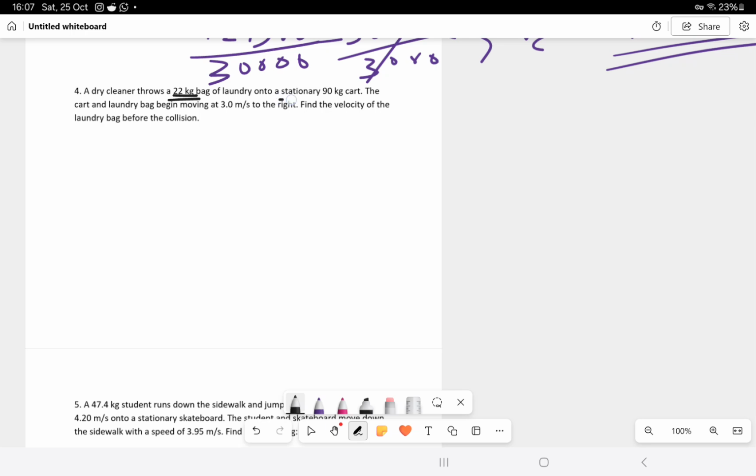This is M2, and it is stationary, so V2 is also 0. So in other terms, M1, which is 22 kg, times V1, plus M2, which is 90, times 0.